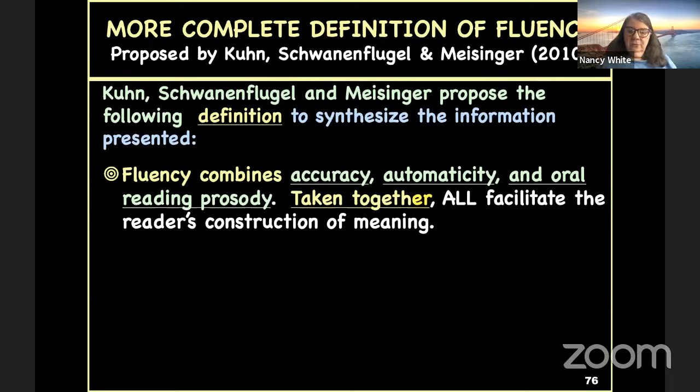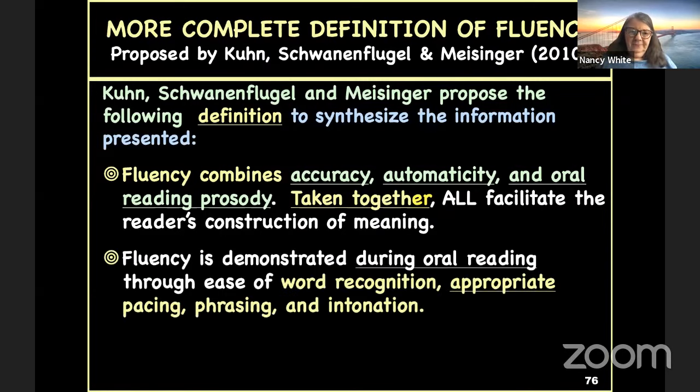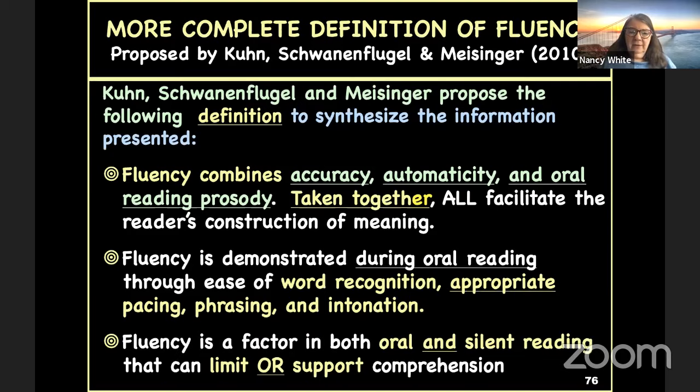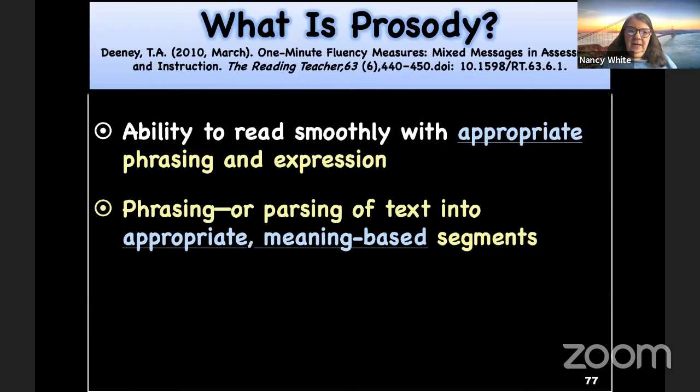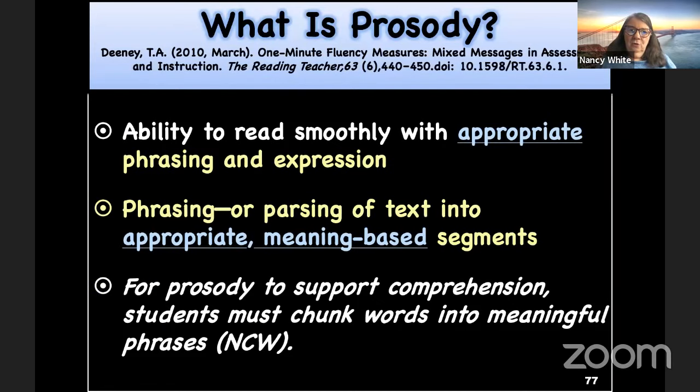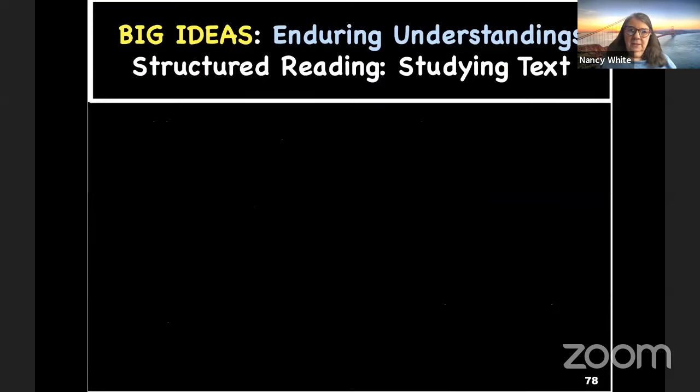And you can read this on your own, but the most important takeaway is that fluency is accuracy, automaticity, and oral reading prosody. And together they help students to comprehend. There may be a reciprocal relationship between prosody and comprehension. Most researchers at this point believe there is. There's plenty to read on those topics. But the most important thing is don't focus on speed.